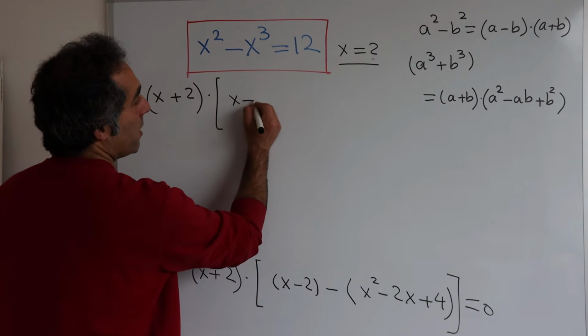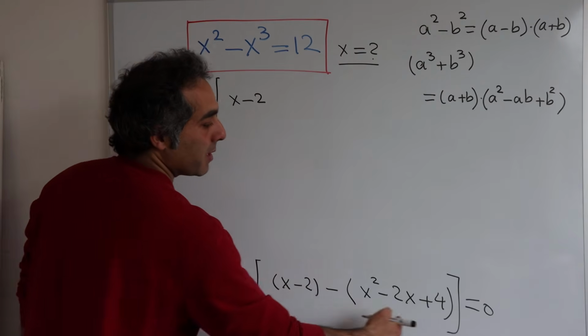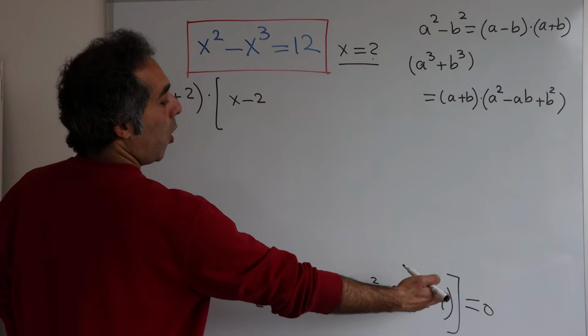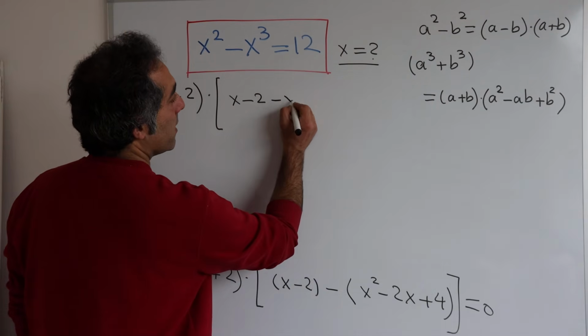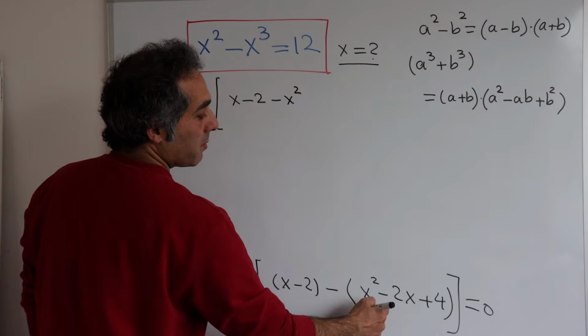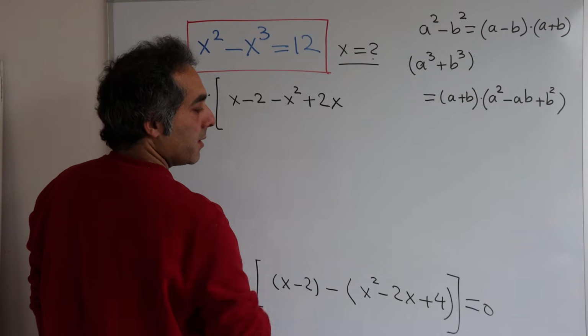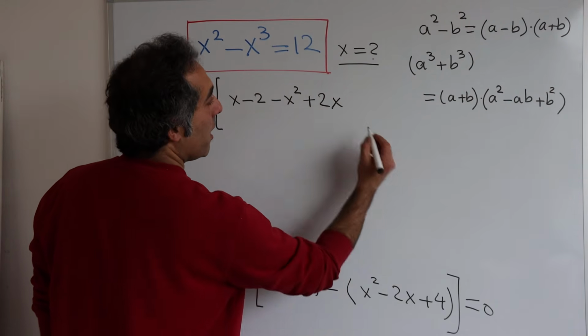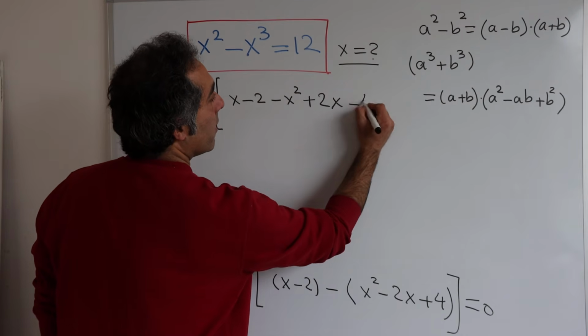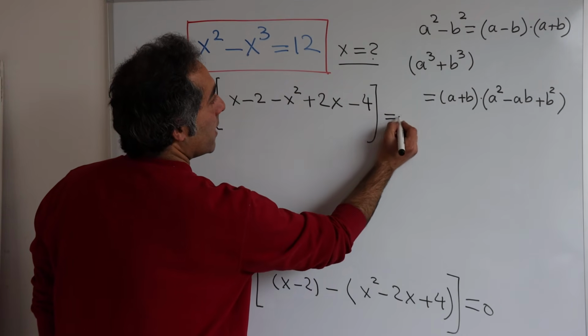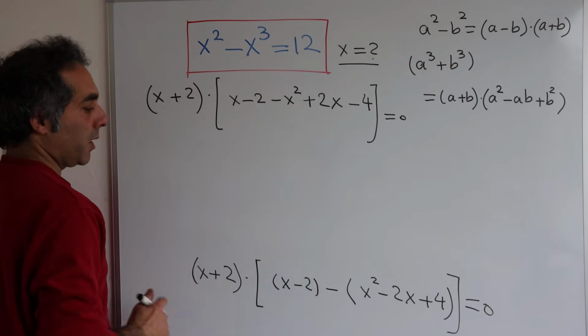The first one is just x minus 2, and minus, multiply the whole terms here, minus x squared plus 2x and minus plus is minus 4. This equals to 0.